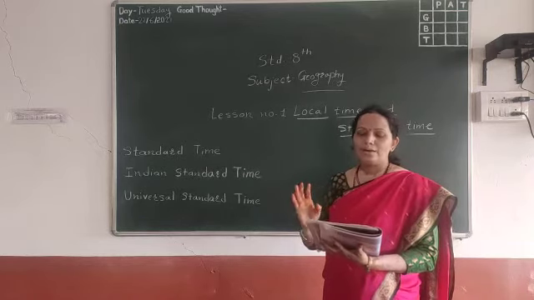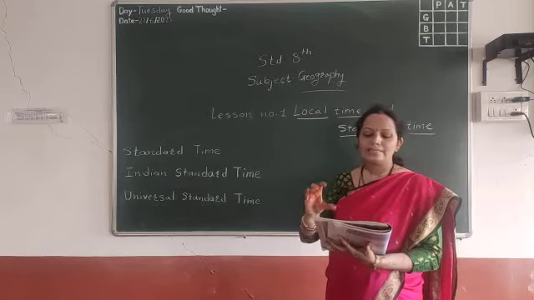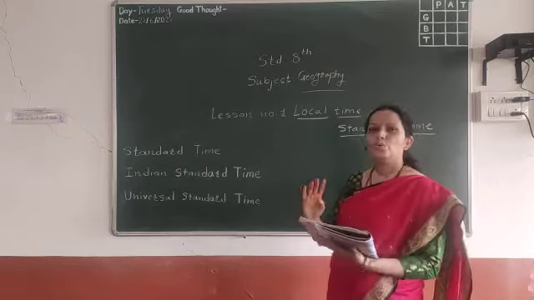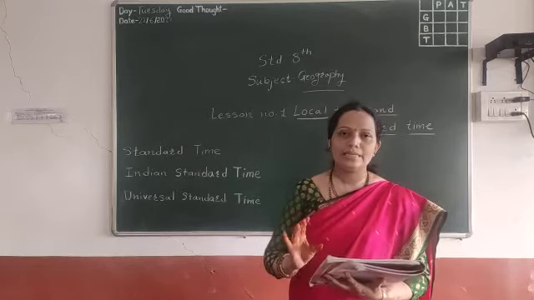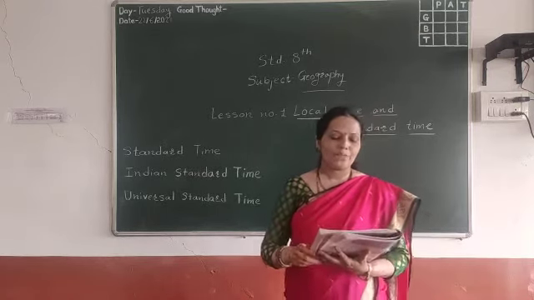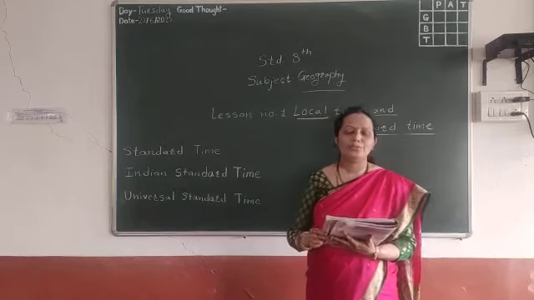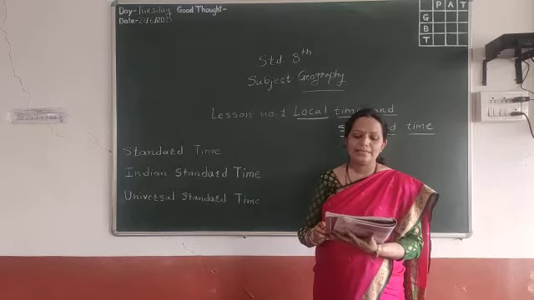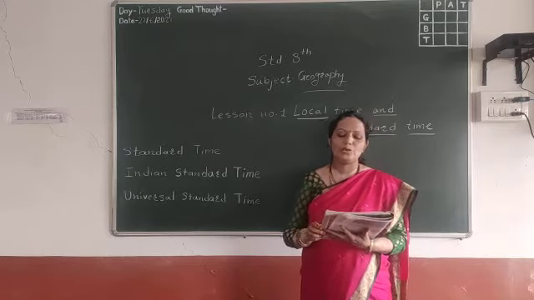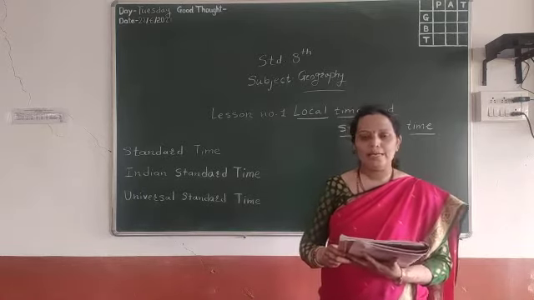Vice versa, as the distance between two points or two longitudes increases, the local time obviously differs. If we multiply the difference between longitudes in degrees by 4 minutes, then the difference in the respective local time can be calculated.